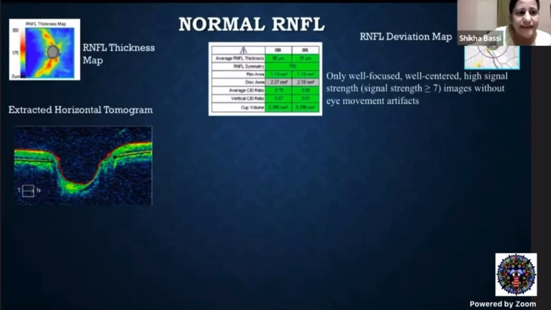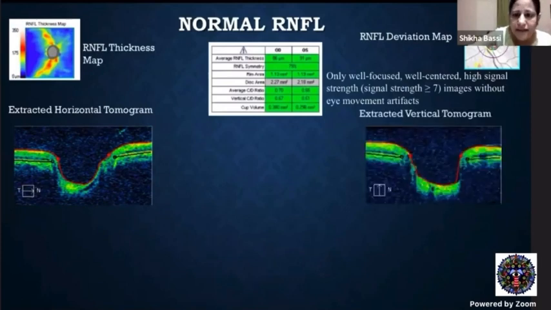Then we also get extracted horizontal and vertical tomograms from the cube that we have taken from the optic disc cube, through the center of the optic nerve head. The black line is the RPE and the edge of the optic disc, and the red line represents the ILM, and it also marks the cup.